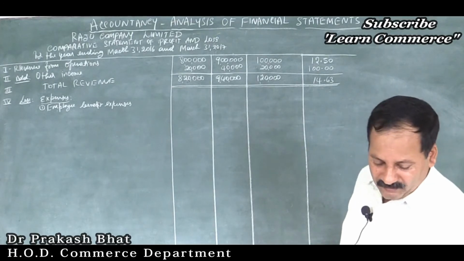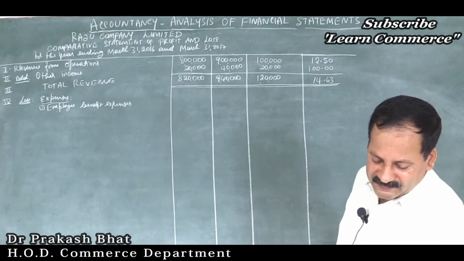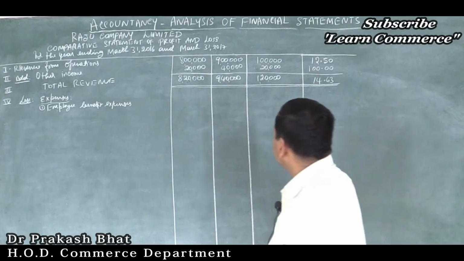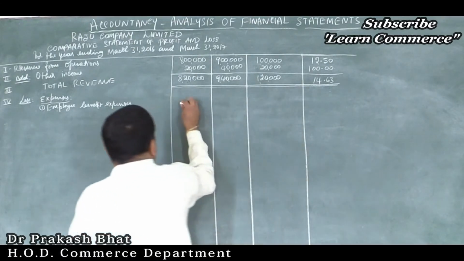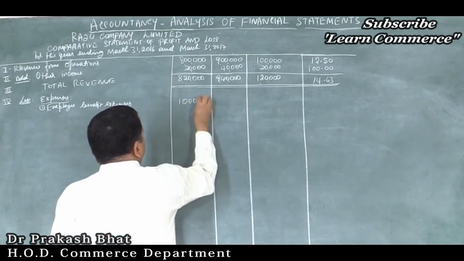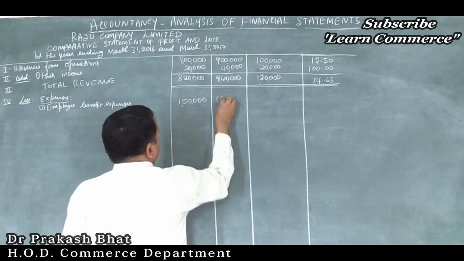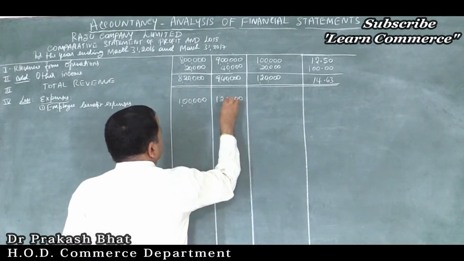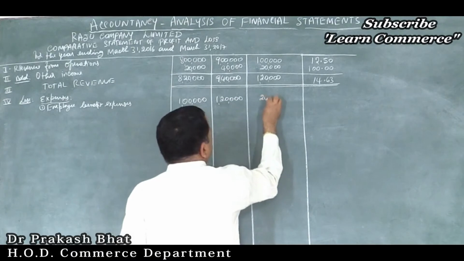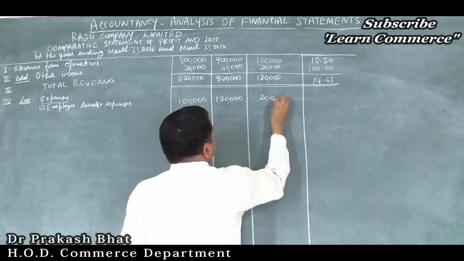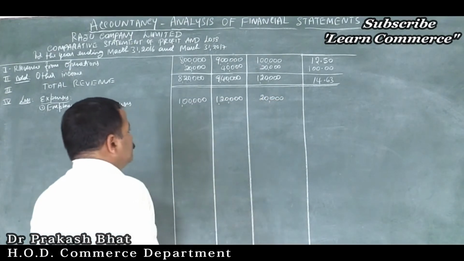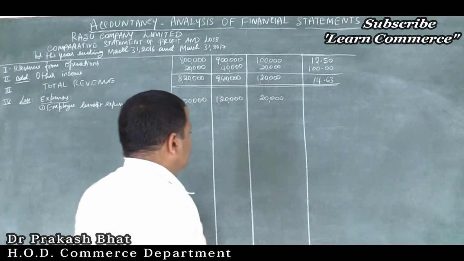So what is the amount? Employee benefit expenses 1 lakh and 1,20,000. Is that correct? 20,000 is the increase here. For 1 lakh, the increase is 20,000.